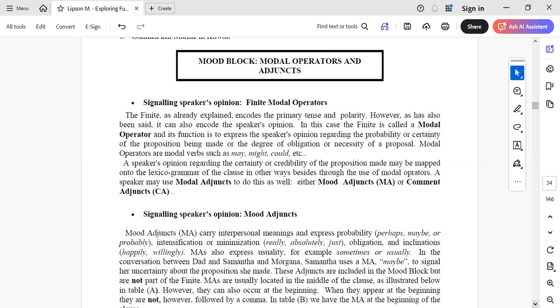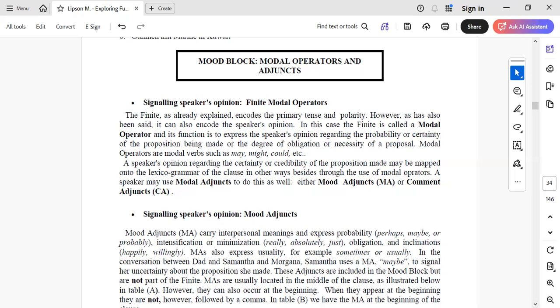Modal operators are modal verbs such as may, might, and could. A speaker's opinion regarding the certainty or credibility of the proposition made may be mapped onto the lexicogrammar of the clause in other ways besides modal operators. Speakers may use a modal adjunct to do this as well, either a mood adjunct, MA, or a comment adjunct.